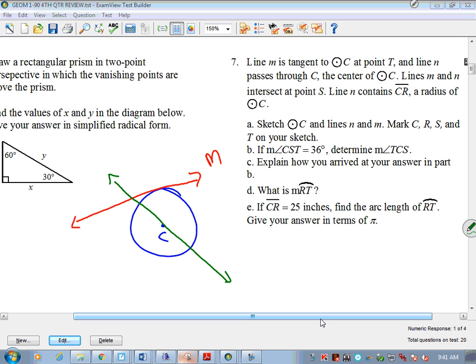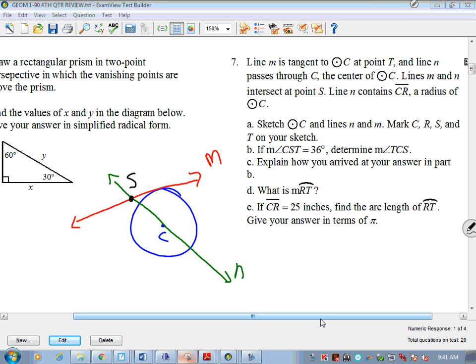Okay, so we have some stuff there. Let's see, lines M and N intersect at point S. Where do I want to put point S? Where M and N intersect. We're going to call that S, correct? Okay?